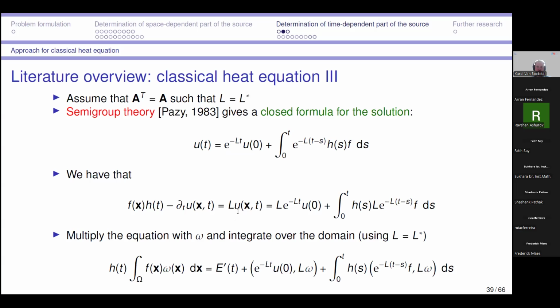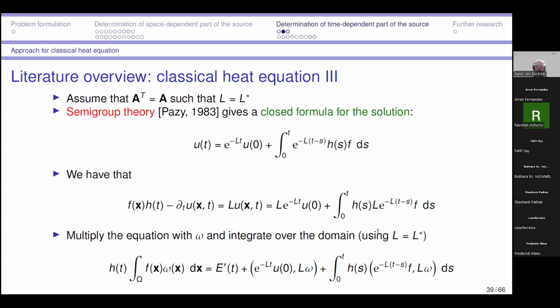Note that in this case L is time independent, so L is acting on this operator and f, not on h. So we multiply with the weight function and integrate over the domain.